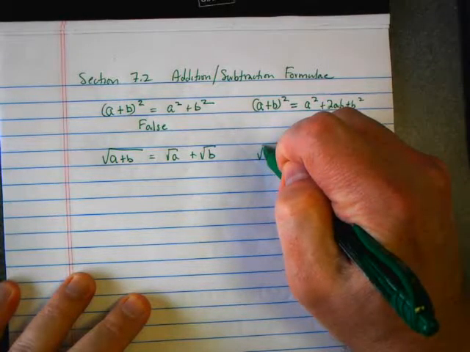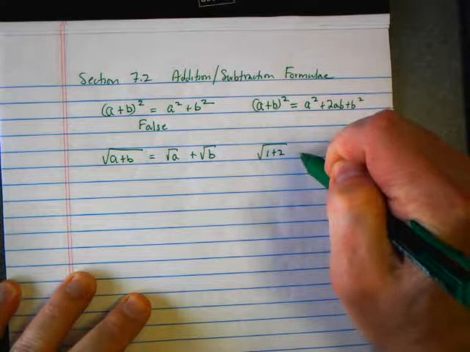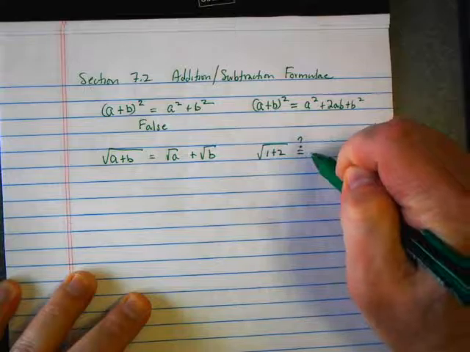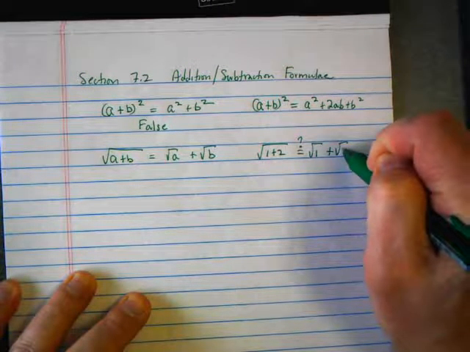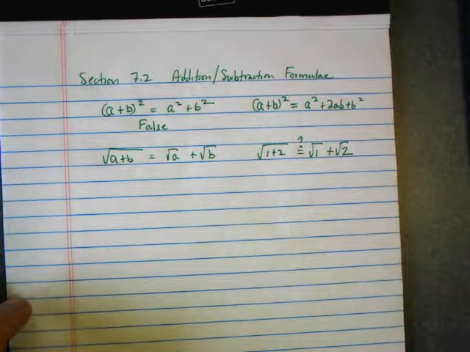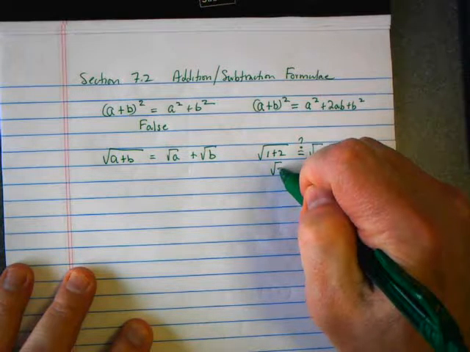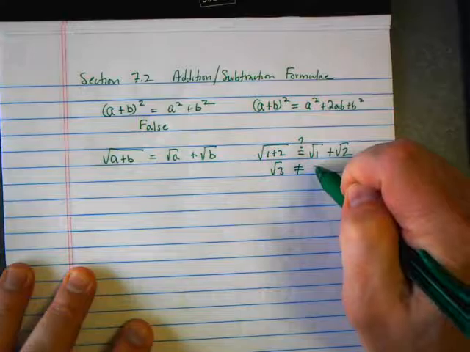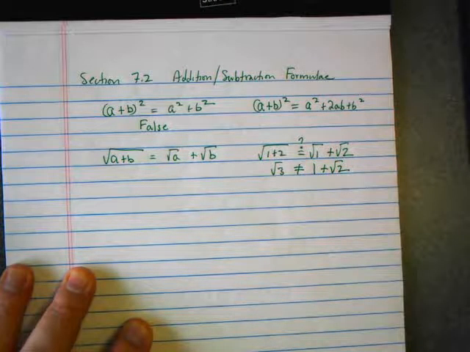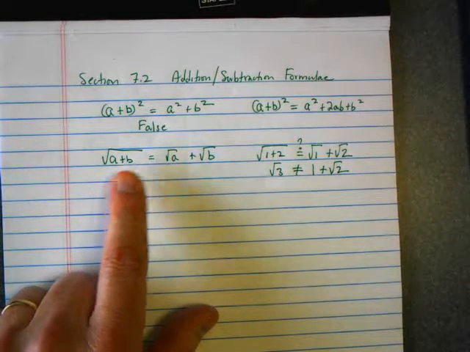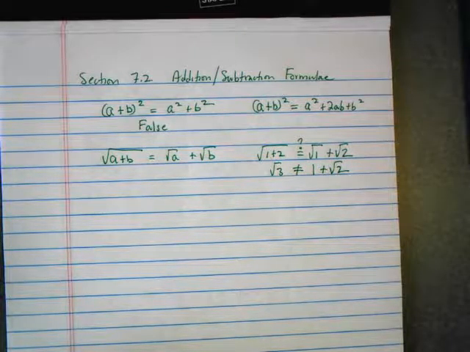So is the square root of 1 plus 2 equal to the square root of 1 plus the square root of 2? True or false? Square root of 3 is not equal to 1 plus the square root of 2. So square root of (A plus B) equals square root of A plus square root of B. True or false? False.